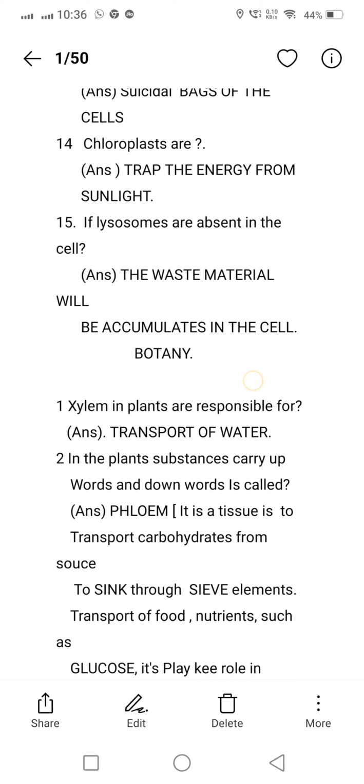So today we will be discussing the important bits from the introduction lesson of biology and botany. We will discuss the important bits in biology now.